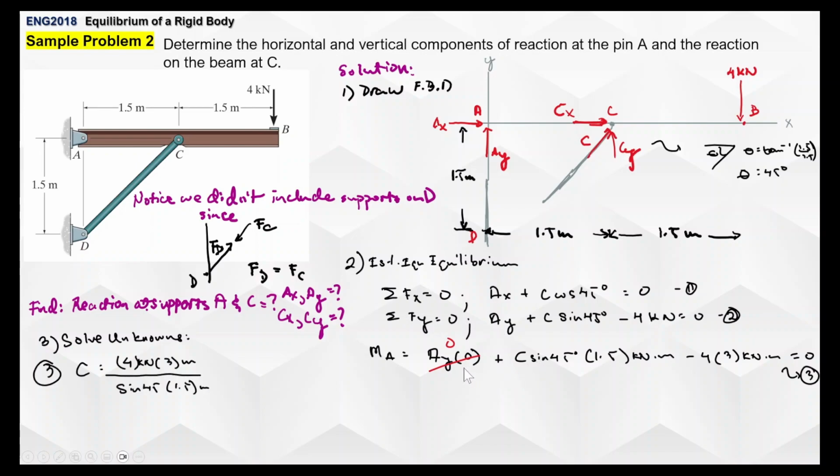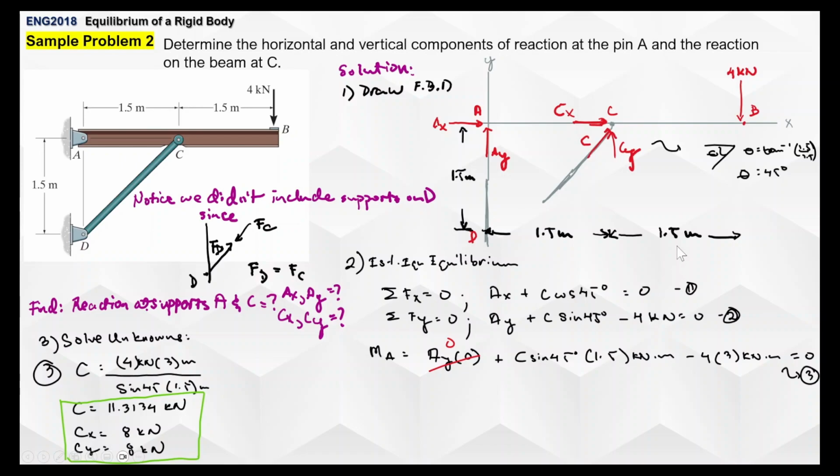So we're now able to solve C here and isolate it, and we get the product of 4 and 3 divided by the product of sine 45 and 1.5. C now is simply 11.3134 kilonewtons. That's for C. Cx is just by trigonometry.